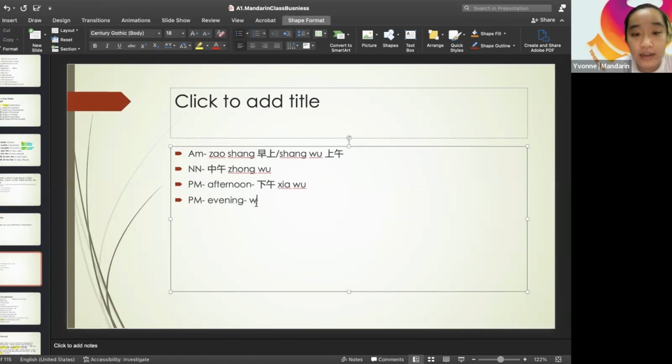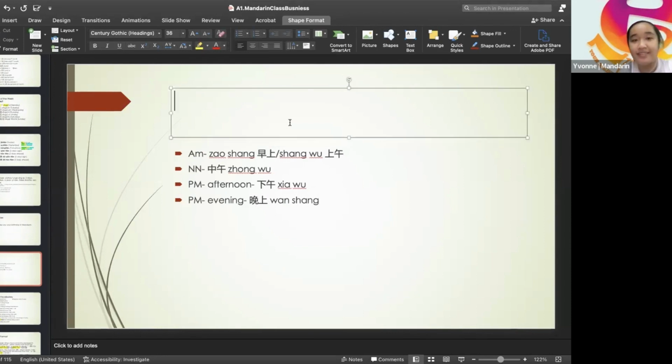What is the time format in Chinese? Do you guys remember how to say the time format? Okay.